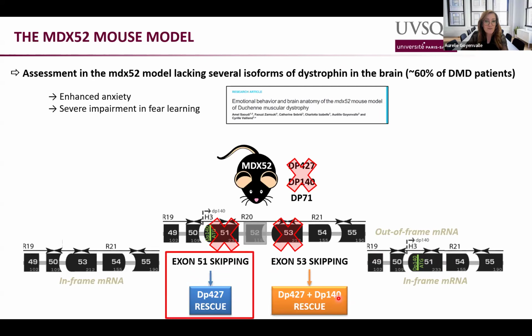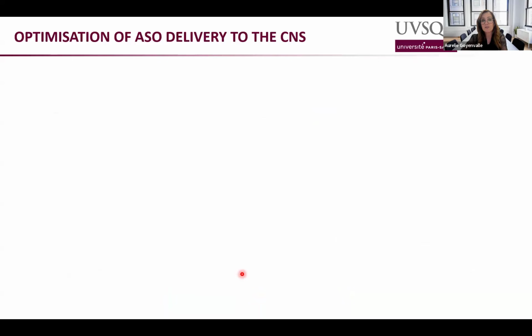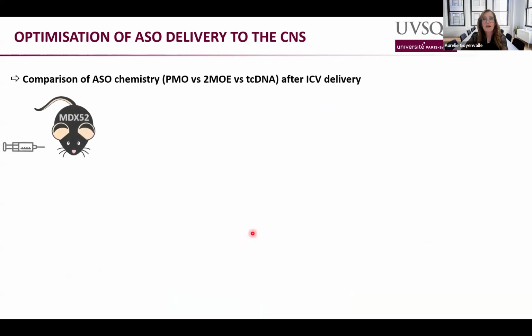So we started with exon 51. You may wonder why, but this is because it represents the largest proportion of patients that are eligible for exon skipping therapy. And also because we wanted to see in this mouse model what the rescue of the DP427 only would do. So we started with an optimization of the ASO delivery, and within the consortium we had access to different chemistry.